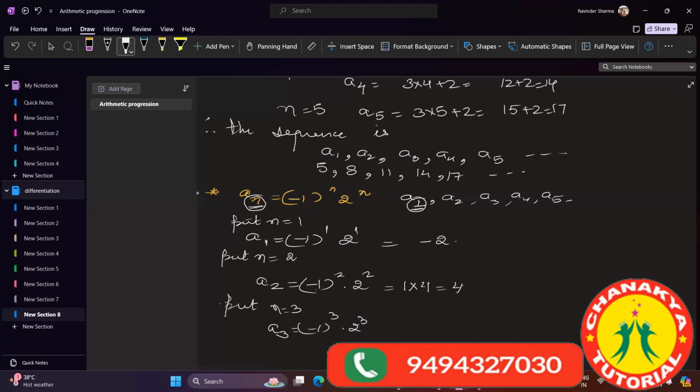Here it is an odd power, so when you multiply -1 three times by itself, you will get -1 only. Then 2 raised to the power 3 is 8. So you can write minus 8. Right, beta?